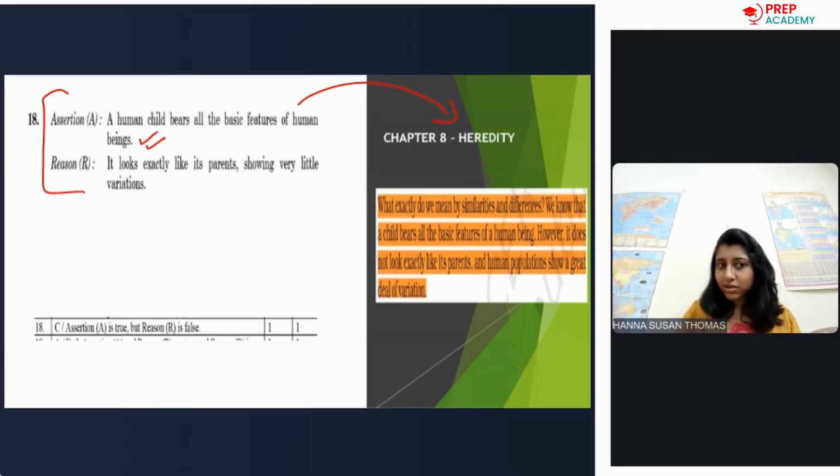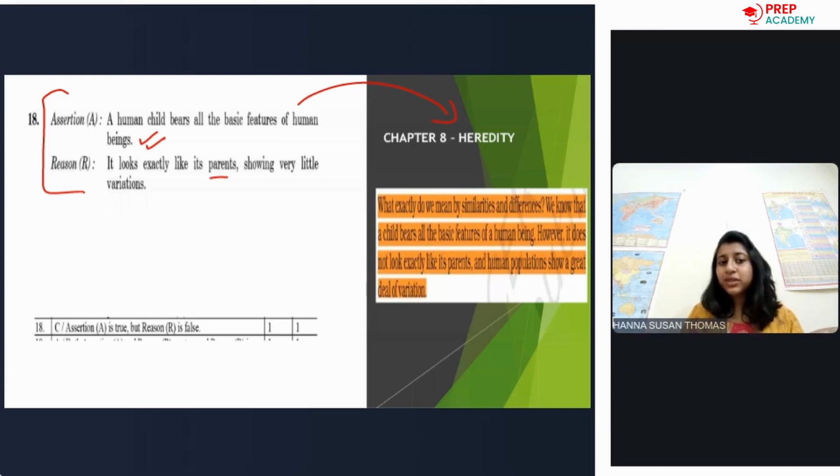But what about reason R? The first step is to take these two statements individually. Do not combine them right now. Take each statement individually and try to make sense of it. So the first one is true, I understood that. The second one says it looks exactly like its parents, showing very little variation.